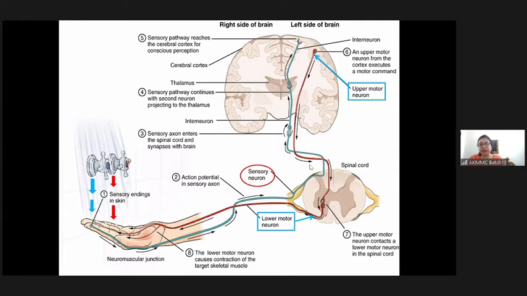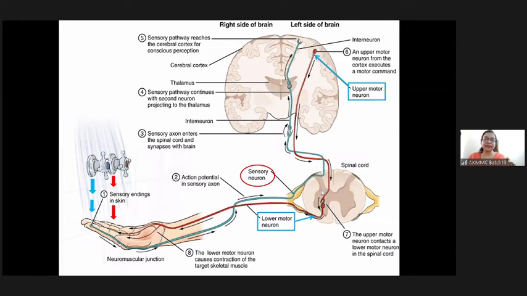This is upper motor neuron and this is lower motor neuron. Okay, is it clear which is upper motor and which is lower motor? Yes, ma'am. This was the pyramidal cell of the cerebral cortex and this is the anterior horn cell inside the spinal cord.